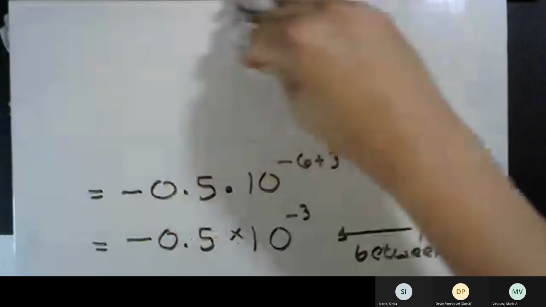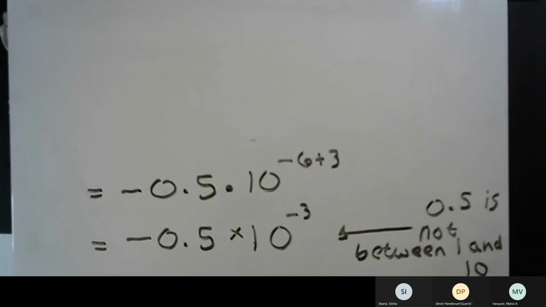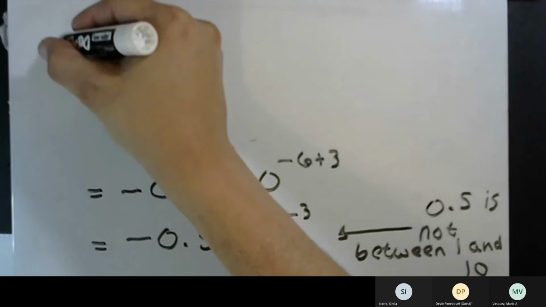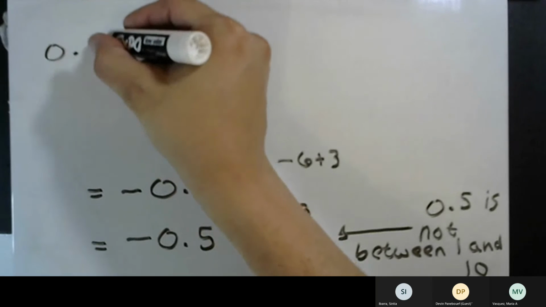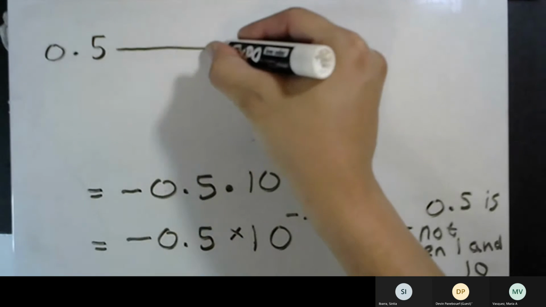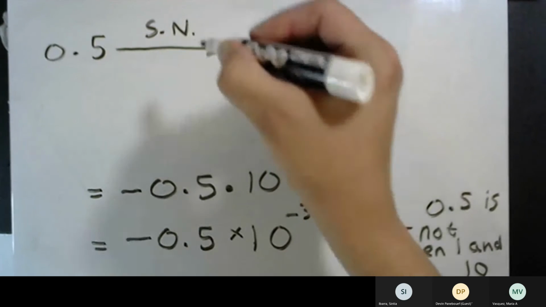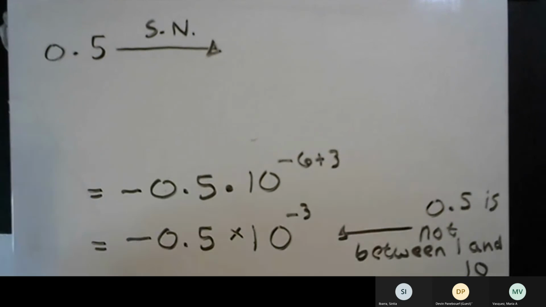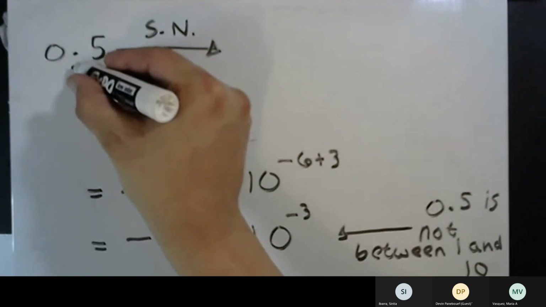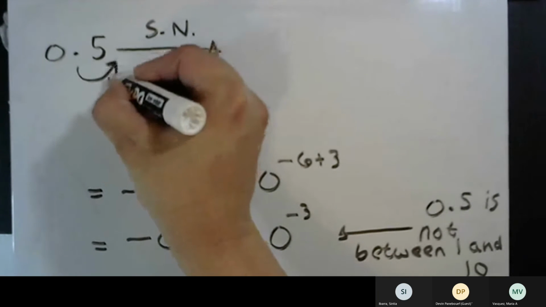And we're going to fix it the same way. So 0.5, we're going to write in scientific notation. Now, this is a small number. It's less than 1. So when we take small numbers and put them in the scientific notation, we move the decimal to the right.